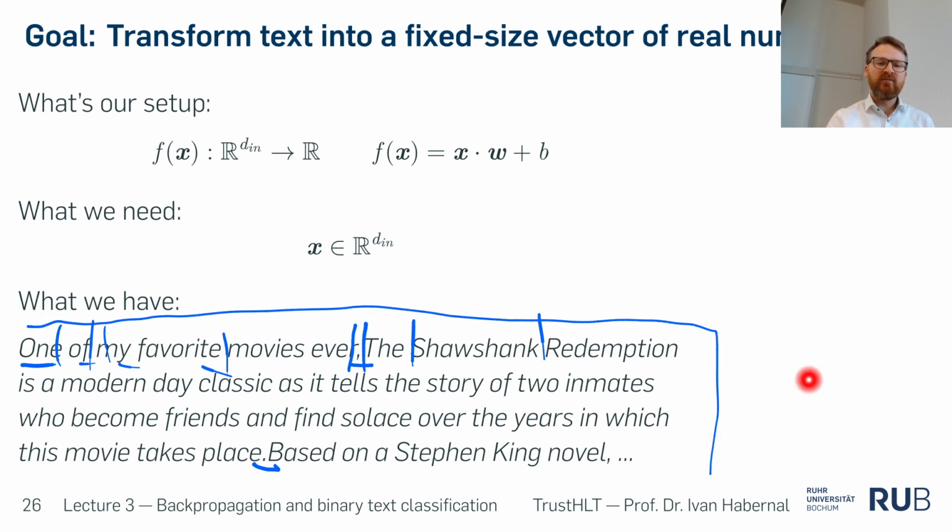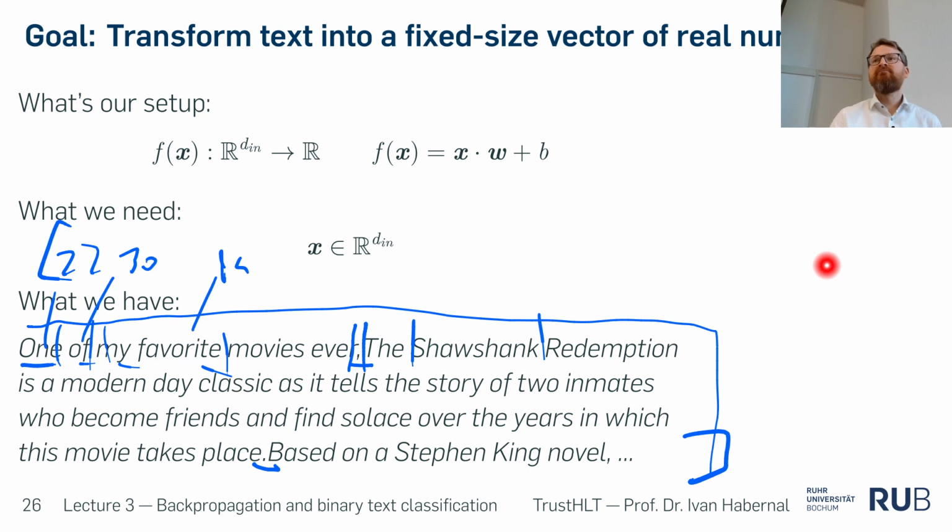Can we turn this into a vector of numbers? We can. If we say this is 22, 30, favorite is 800 something, we can turn this into a vector of numbers. What is the issue here?